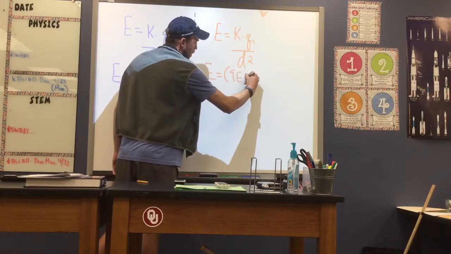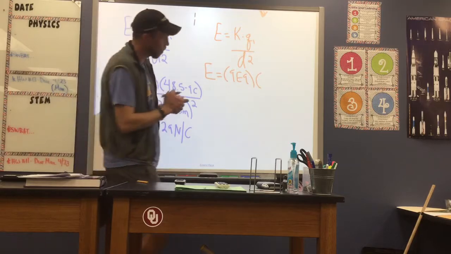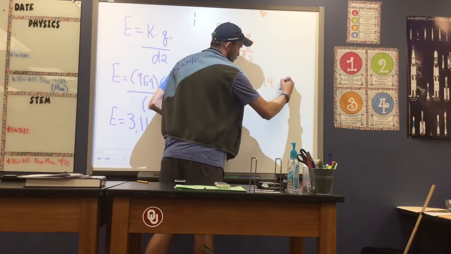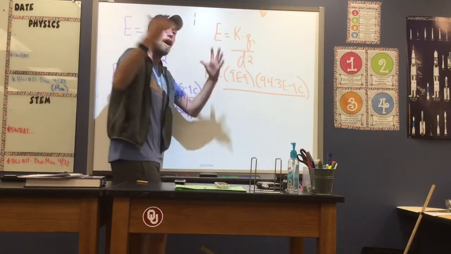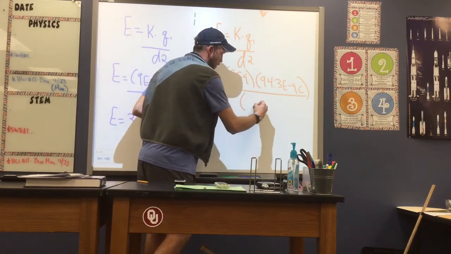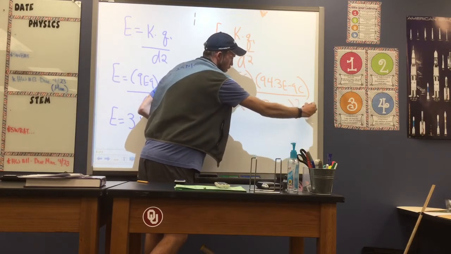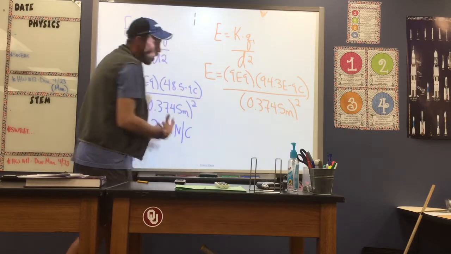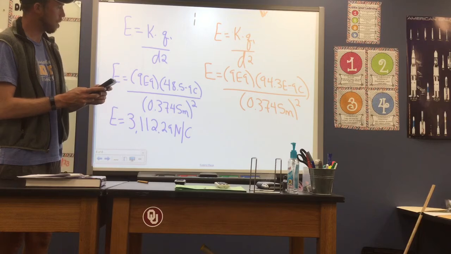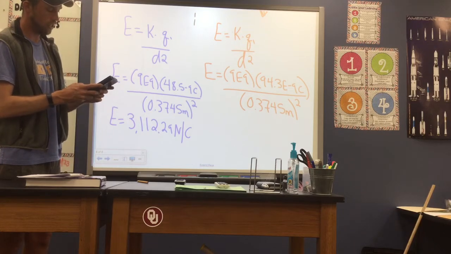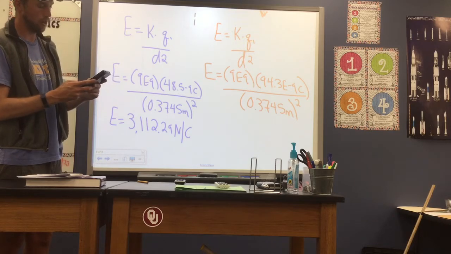E is equal to K, 9e to the 9th, times Q1, which was 94.3 e to the negative 9 coulombs, and we'll divide by our distance, which remember is half the total, 37.45 centimeters, or 0.3745 meters squared. So 9e to the 9th times 94.3 e to the negative 9th divided by 0.3745 squared.